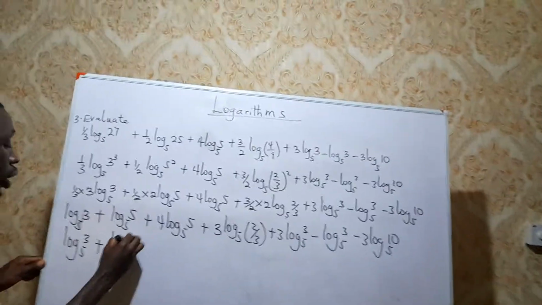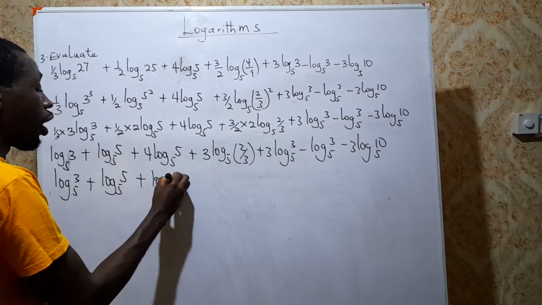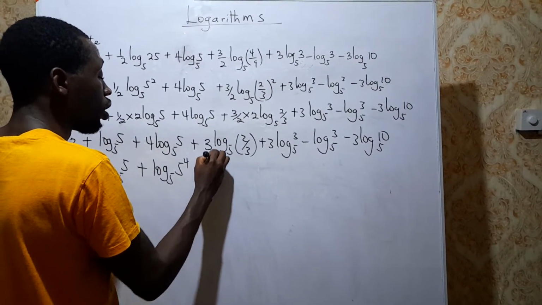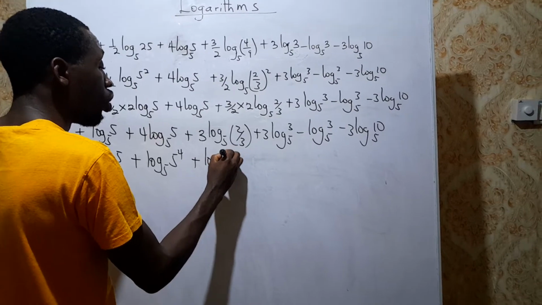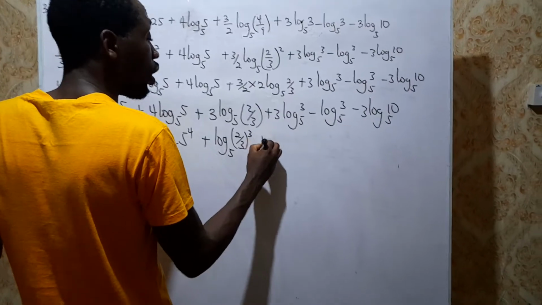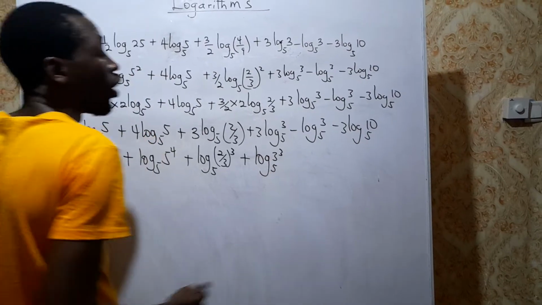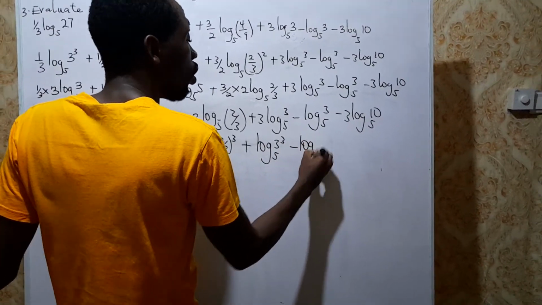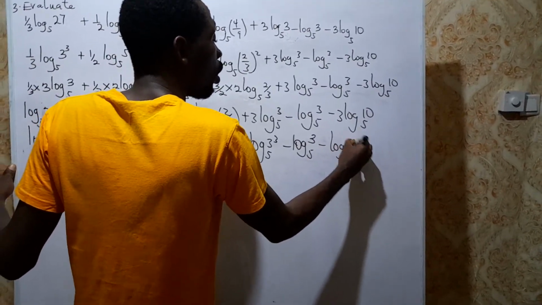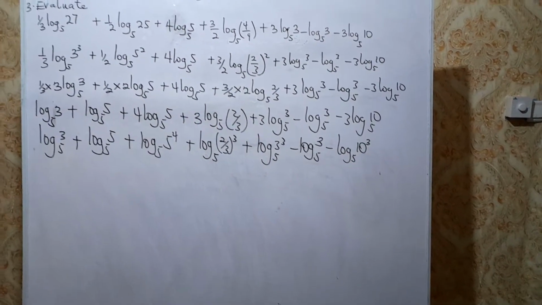Then we have log 5 base 5, then plus log 5 exponent 4 base 5, then plus log 2 over 3 exponent 3 base 5, then this also will be log 3 exponent 3 base 5, then minus log 3 base 5 minus log 10 exponent 3 base 5. You see, we are reducing them one by one.